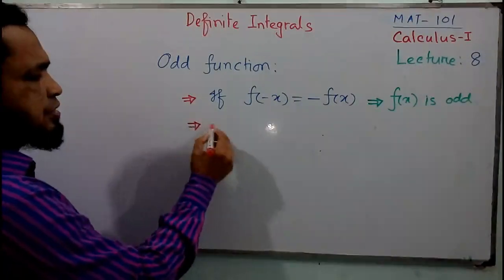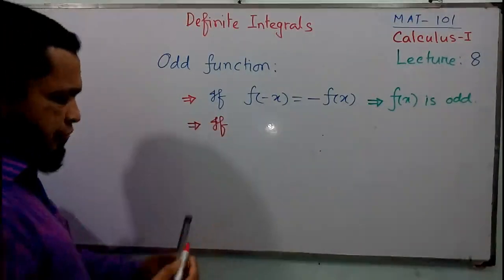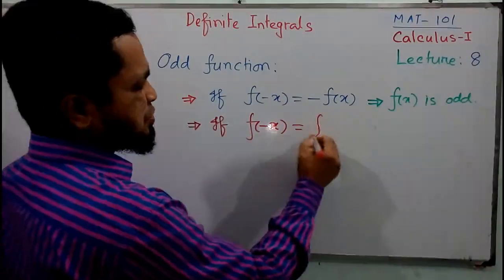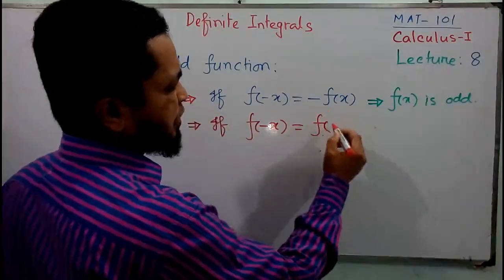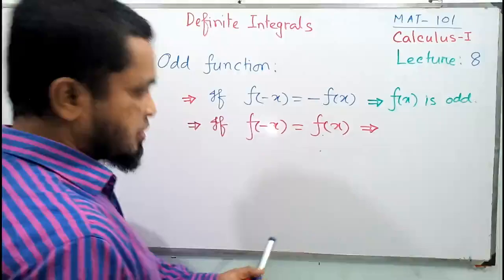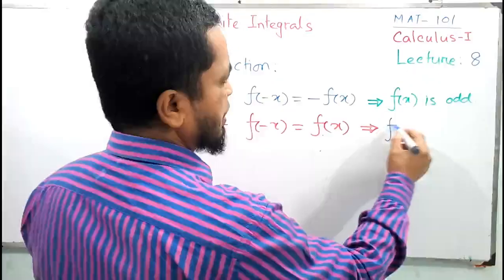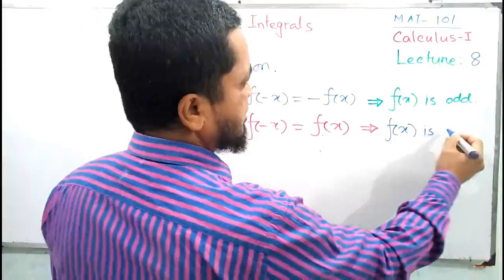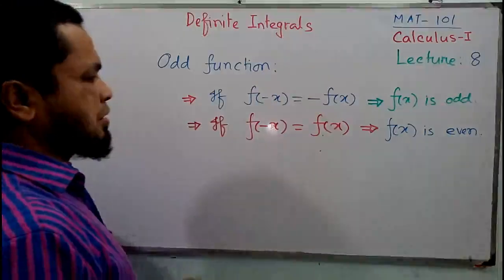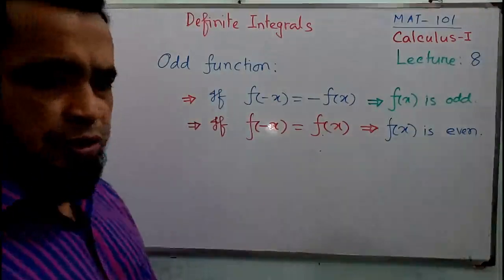And the second definition: if f of minus x equals f of x, it implies that f of x is even. These are the definitions of odd and even functions.